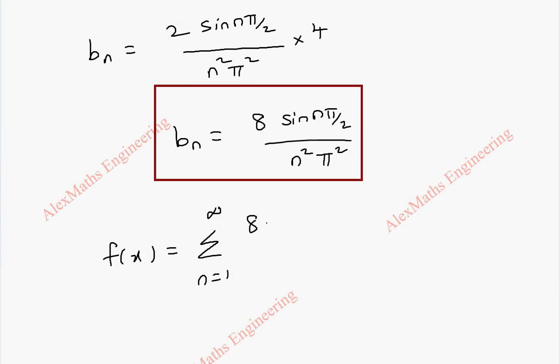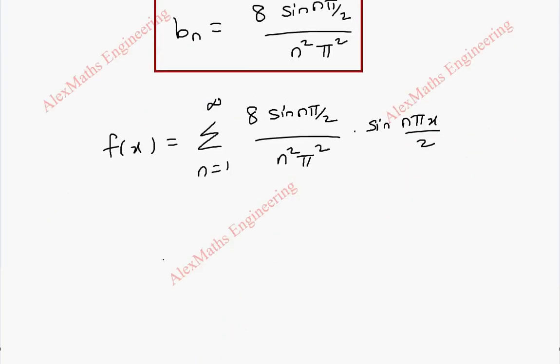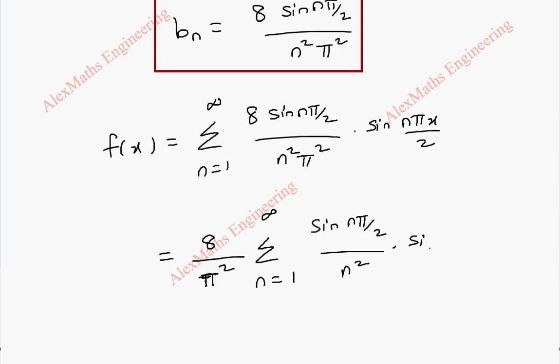For bn, it is 8 sin(n pi / 2) by n square pi square into sin(n pi x / 2). These constants can be taken outside, so 8 by pi square summation n equal to 1 to infinity sin(n pi / 2) by n square into sin(n pi x / 2).